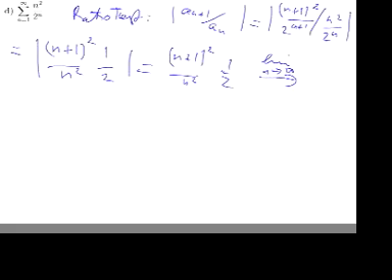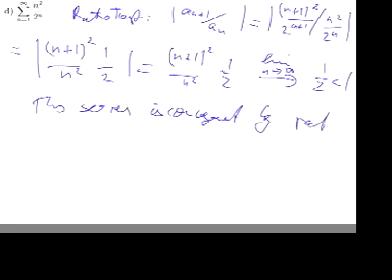Well, n plus 1 squared over n squared goes to 1, so this whole thing goes to 1/2, which is smaller than 1. So by the ratio test, the series is convergent. And furthermore, since all the terms are non-negative, it is actually absolutely convergent.